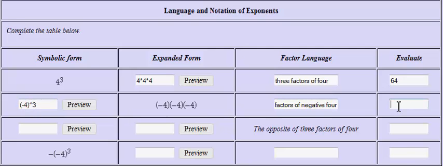Then to evaluate the problem, it is probably easiest to look at the expanded form. In the expanded form, we have 2 implied multiplications, and multiplication is done left to right. So we have that 4 times 4 is 16. The signs are the same, so the answer would come out positive, but then you're multiplying 16 by the negative 4.